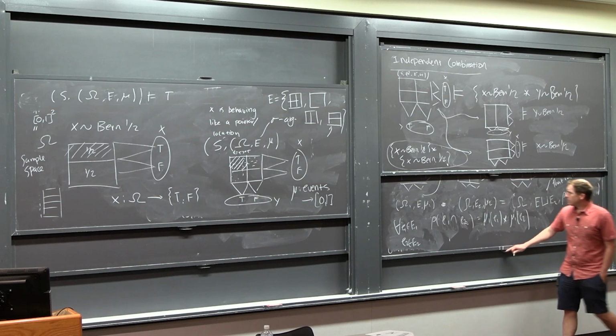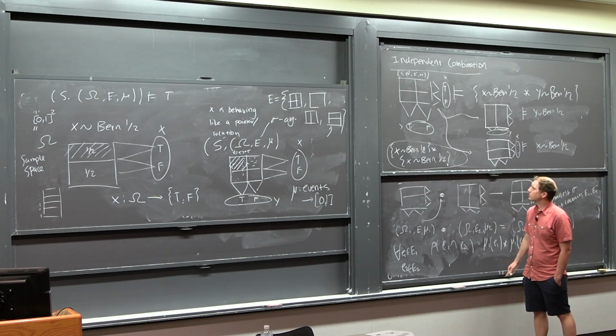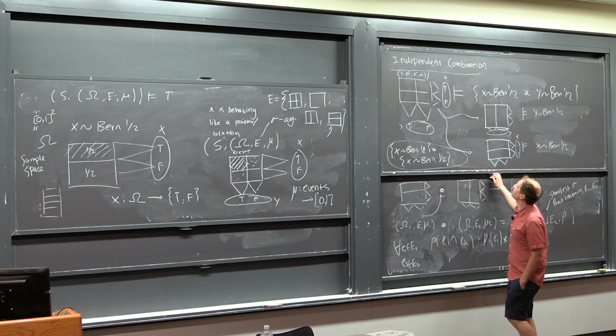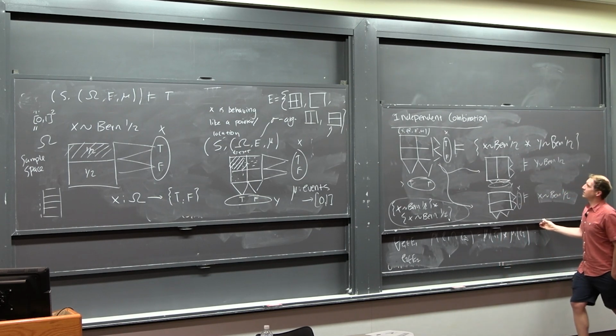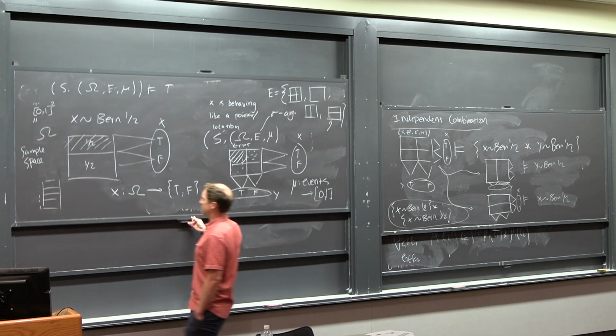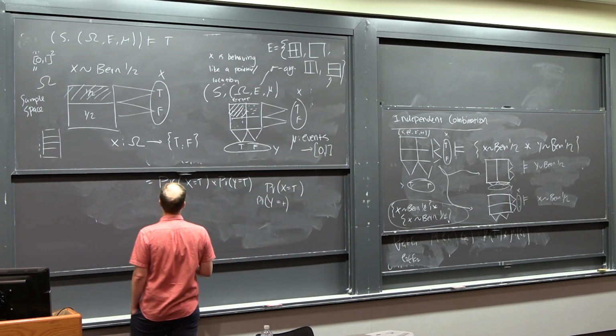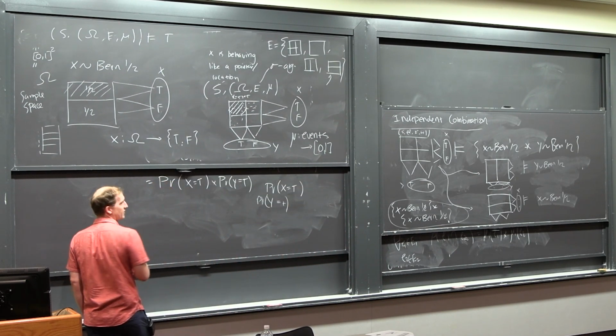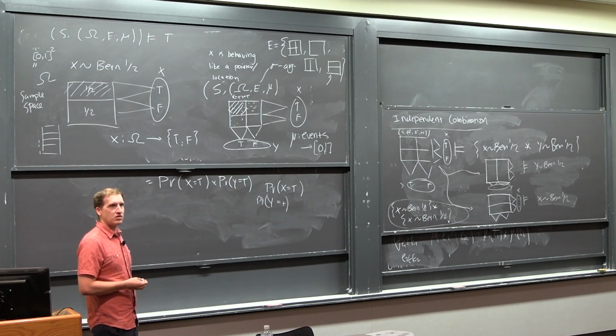OK. So this is our picture. Now, did I erase the interpretations? I've told you essentially what this disjoint union means.